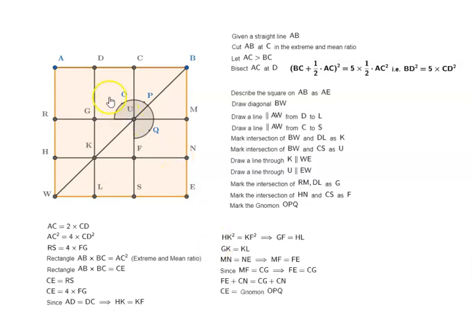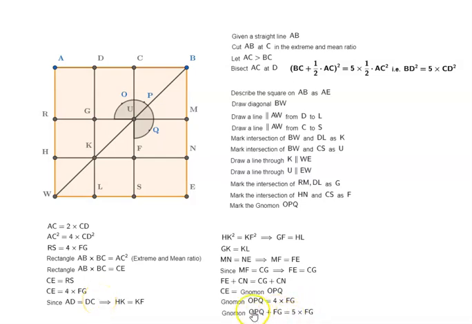Now FE plus CN is what? FE plus CN is CE, and CG plus CN is the gnomon OPQ. So gnomon OPQ is equal to 4 times FG, because CE is equal to 4 times FG.